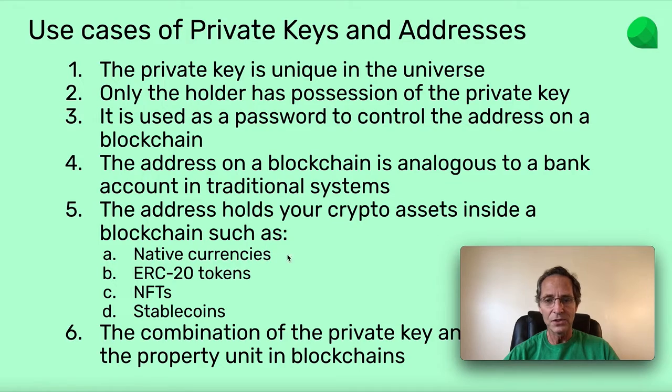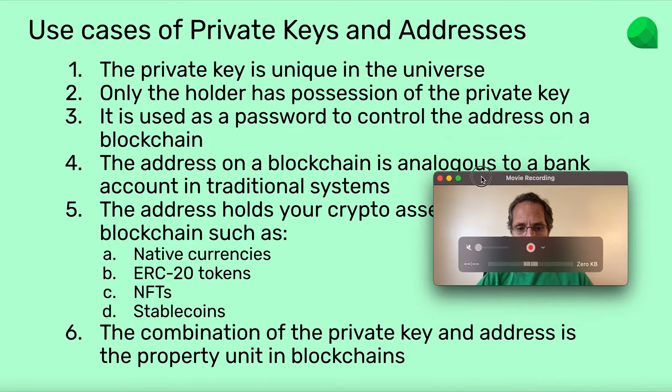The address holds your crypto assets inside a blockchain. So under this address, which is like a bank account but on a blockchain, you can have your native currencies like Bitcoin, ETH, ETC. You can have ERC tokens like Shiba Coin and others. And you can have NFTs, and also your stable coins like USDT, USDC, DAI, etc.